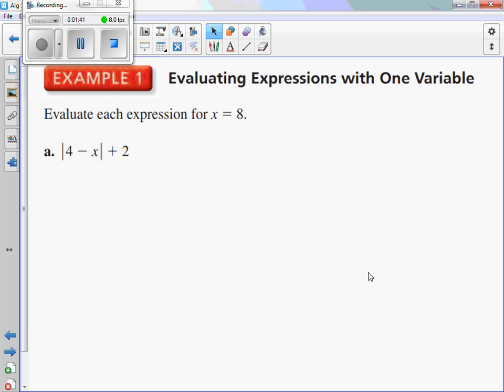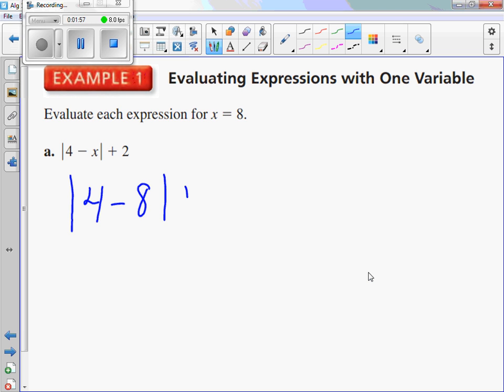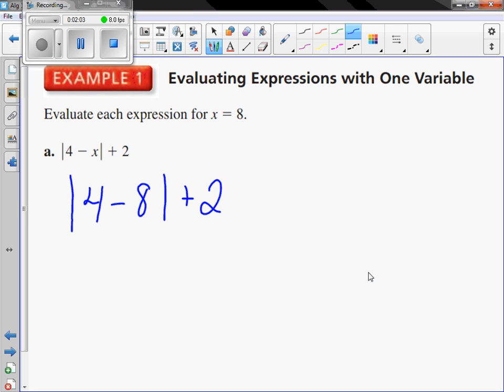So if we want to evaluate this expression for x is equal to 8. So what do we know about the value of x here? It is 8. So what that means for us is we're going to do the absolute value of 4 minus 8, plus 2. And now we'll simplify. Now these calculators here will not do absolute value.